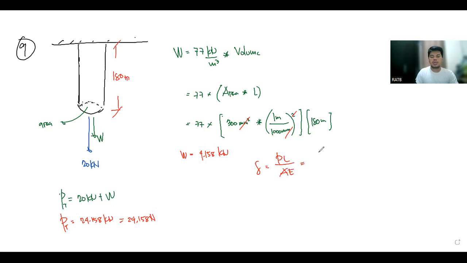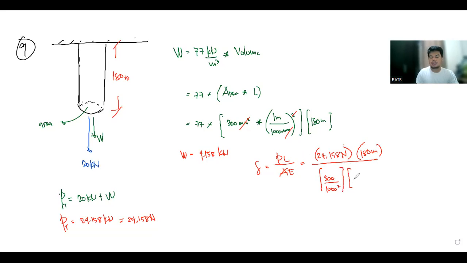So P is 24,158 Newton. Length is 180 meters. The area is given to be 300 divided by 1000 squared. So this is the area.